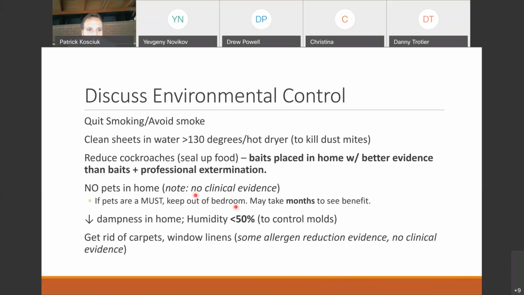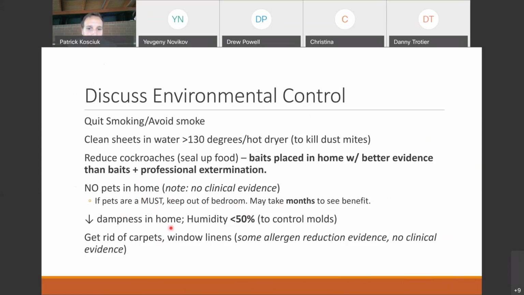Although there's no clinical evidence to say no pets in the home, and we oftentimes say if you can get rid of your cat or dog and you have terrible asthma, you should. It's hard for the owners of pets to part with them. So the important step and the important discussion is to say keep the pets out of the bedroom. This is highly important. Keep them out of the bedroom. You might have to see that months to take action, but it's important.